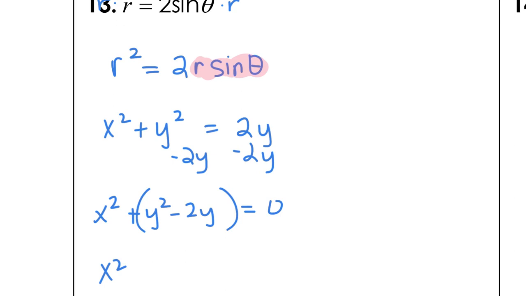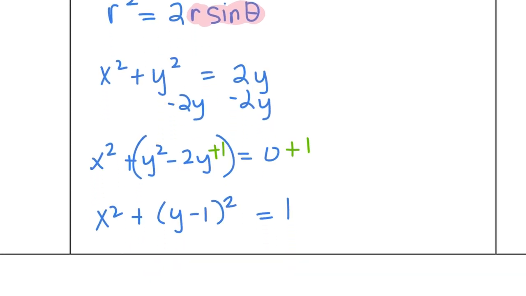So we need to add 1. By the way, completing the square, we did it a lot last unit, so I'm not going to explain it too much. If I add 1 there, I need to add 1 to both sides. So that'll make it to where I can factor this as y minus 1 squared, and then equals 1. Yeah, that makes sense. So this is a circle at the center (0, 1) and has a radius of 1.